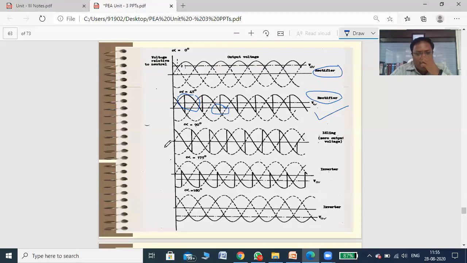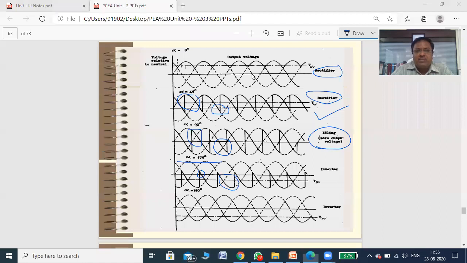Then at alpha equal to 90, you can see the positive part and the negative part are both equal. So the output you get is equal to 0, ideally 0, practically a very small output. If you increase alpha further, more than 90 degrees, then most of the part is negative, with only a very small positive part.